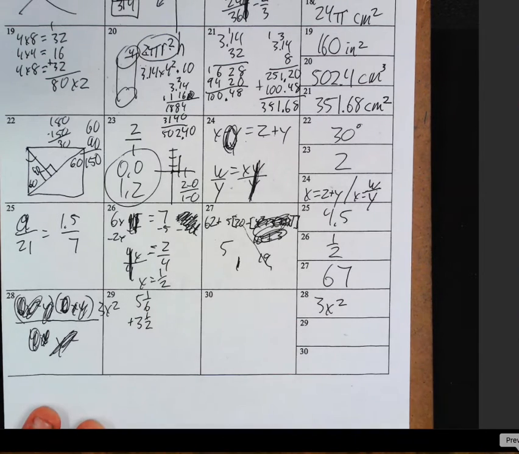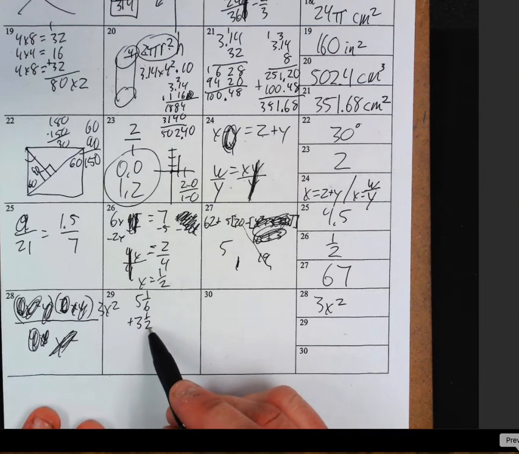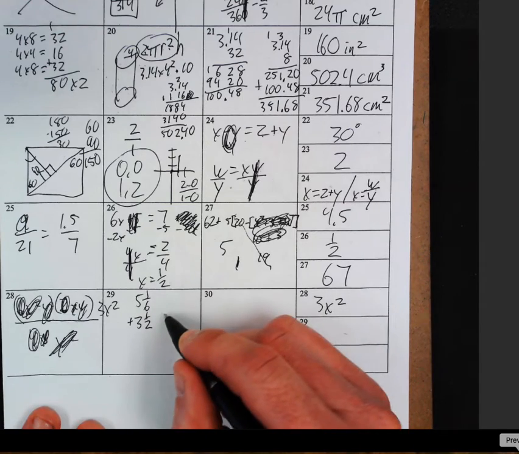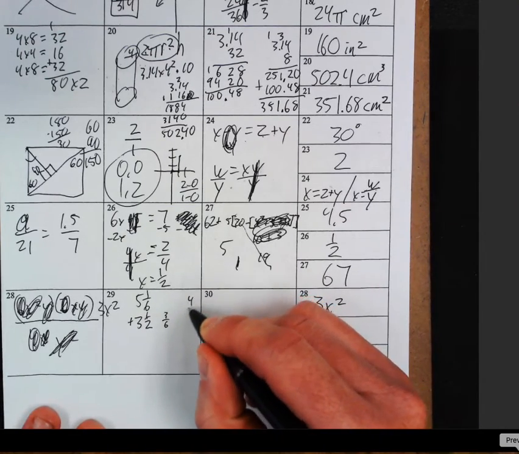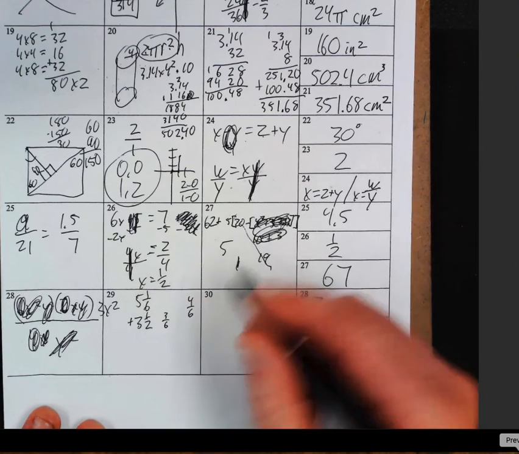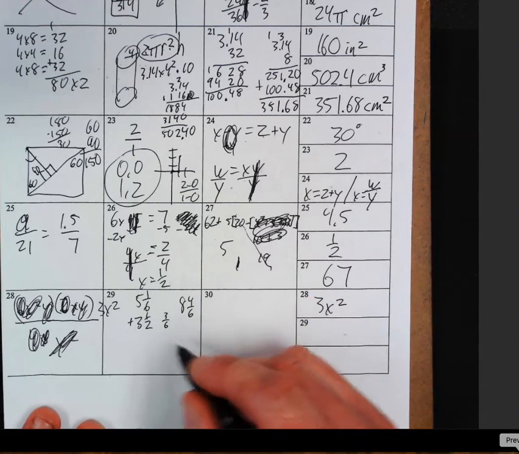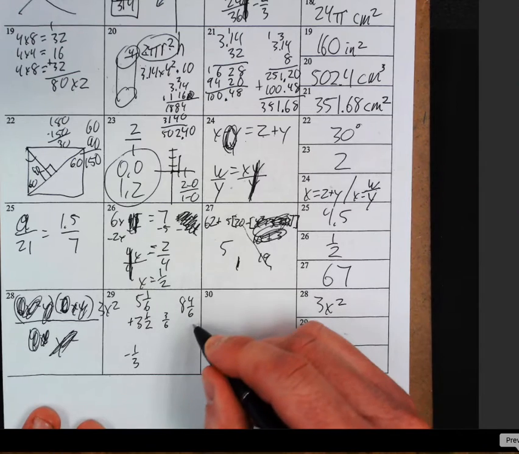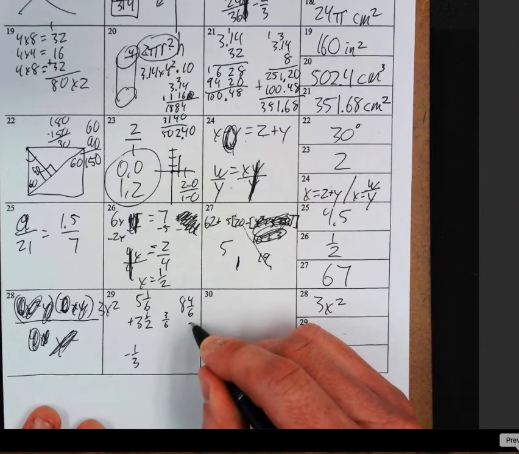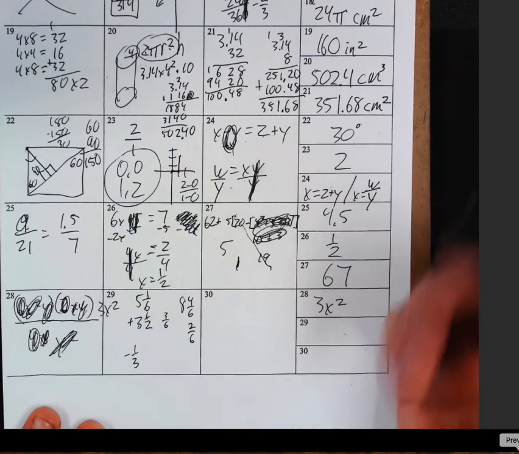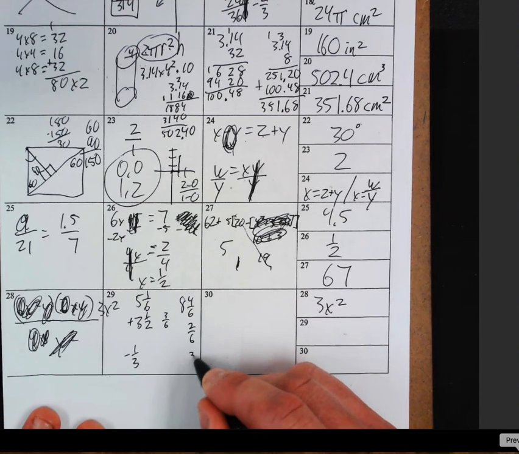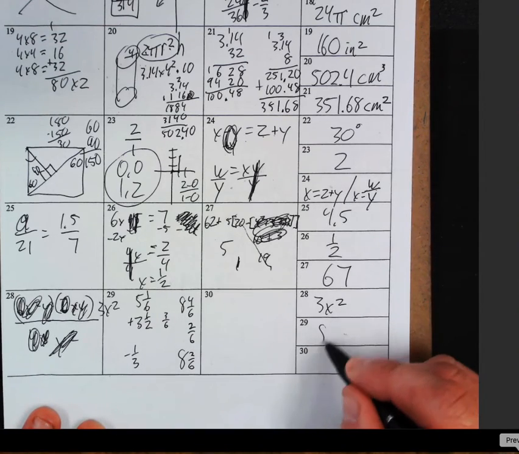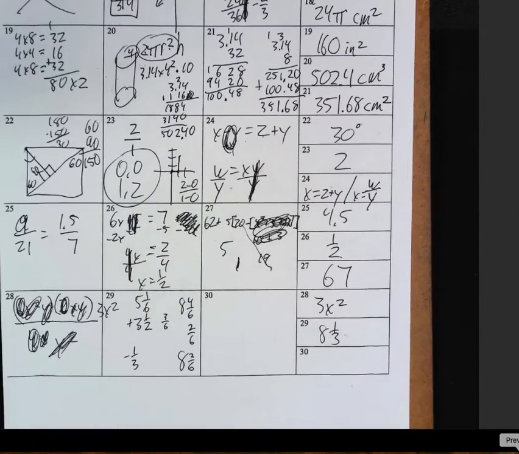Need to have common denominator. 1/2 equals 3/6. 3/6 plus 1/6 is 4/6. 3 plus 5, 8. And now I'm subtracting 1/3 from it. 1/3 is 2/6. Probably been better to reduce, but I didn't. 4/6 minus 2/6 is 2/6. 8 minus nothing is 8. Reduce 2/6, 1/3. And number 30.